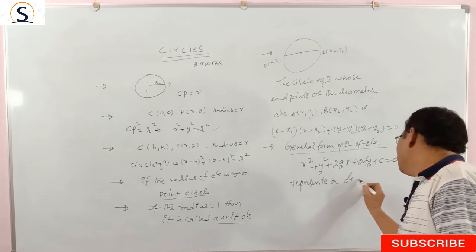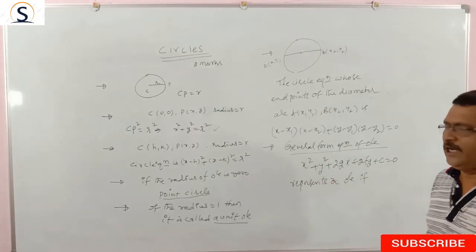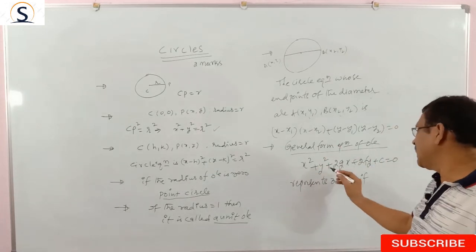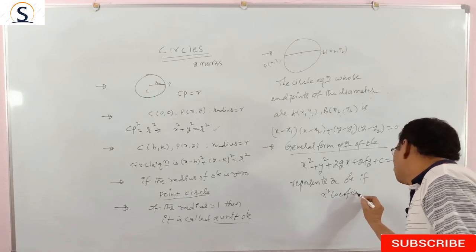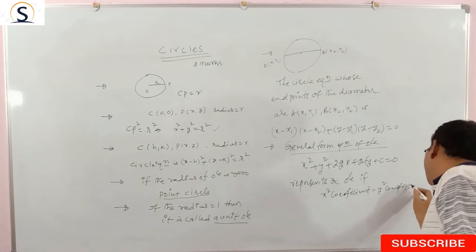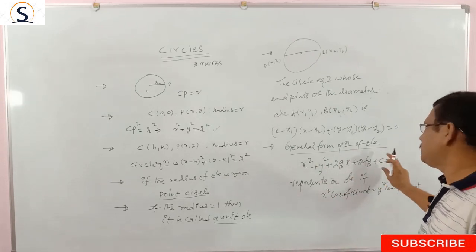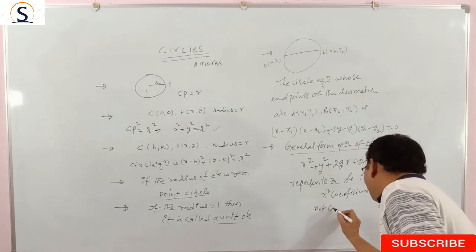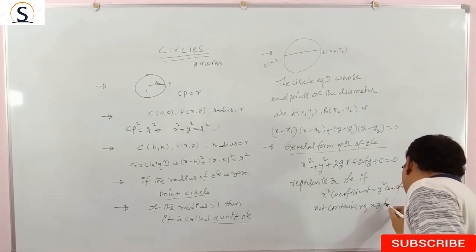This equation represents a circle if the x square coefficient and the y square coefficient are equal. Next, this equation does not contain an xy term.